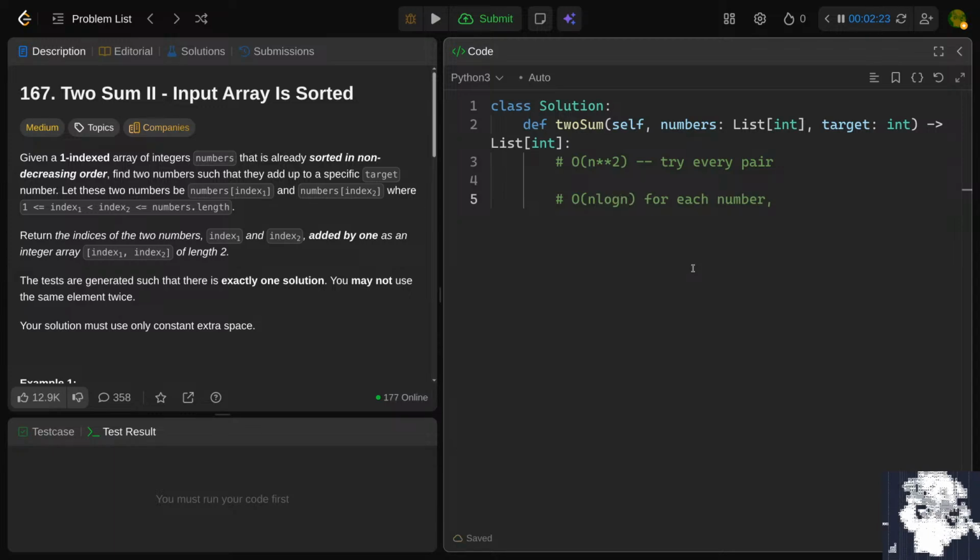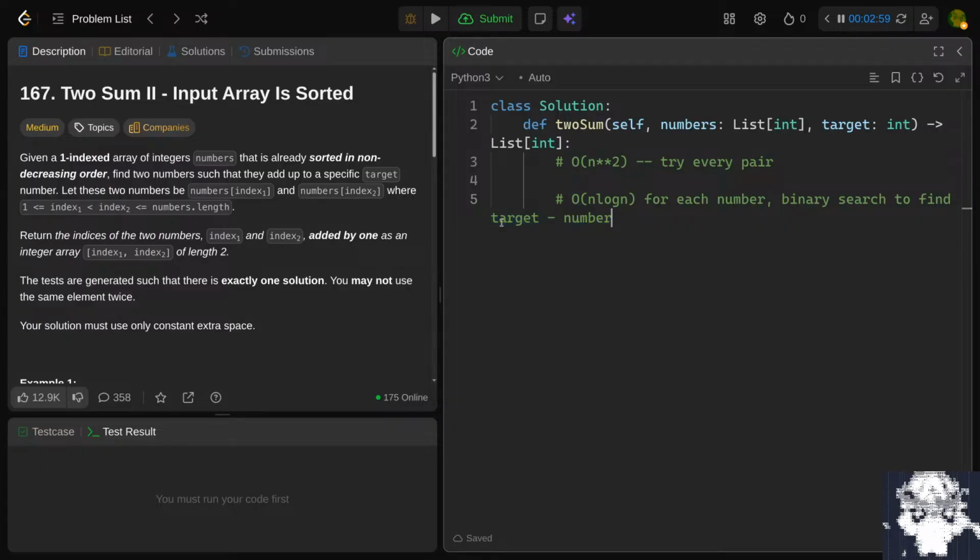For each number, binary search to find target minus, well, that's not going to help. Number. Because the idea here is if you can find target minus number, then you know you can make that sum.